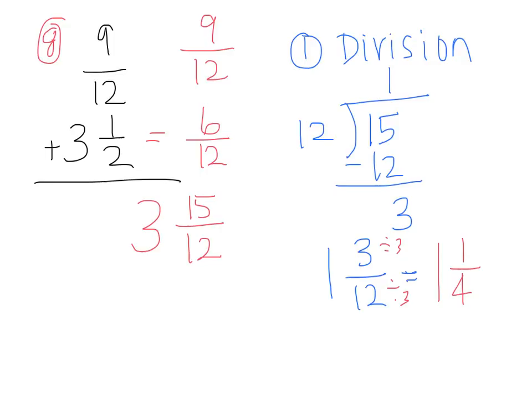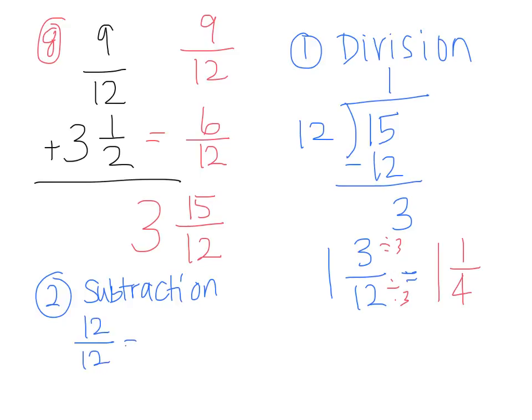Okay? The second method that you could have used is subtraction. Now, this one is not always going to be the easiest one, but I could simply think of how many 12ths equal a whole. 12, right? Numerator over denominator always equals one whole when they're the same.